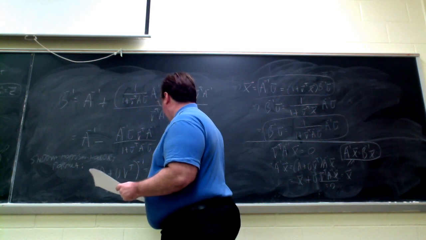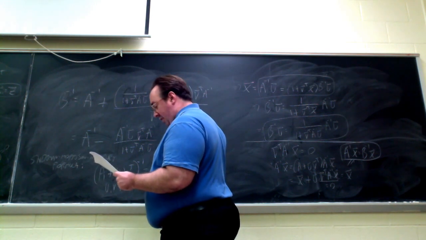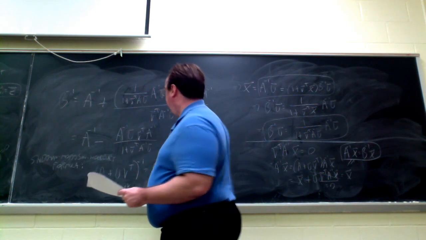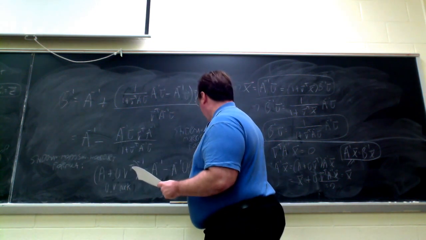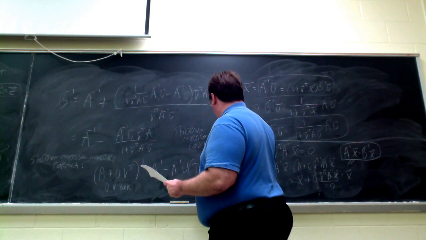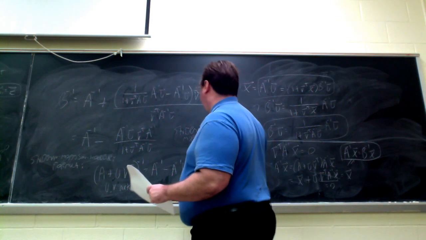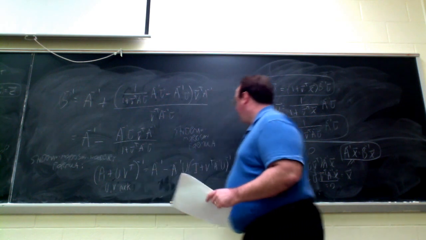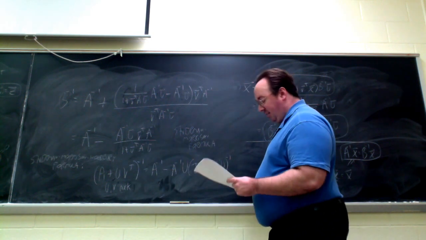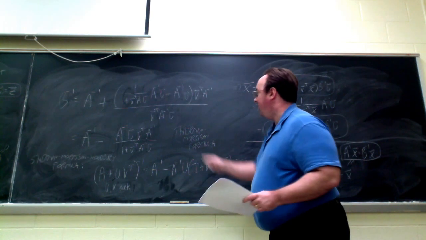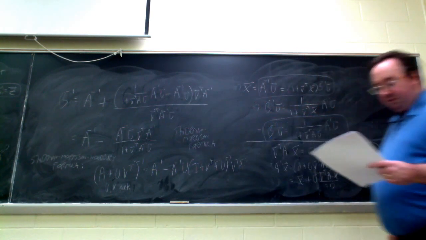Then we have a similar formula: A inverse minus A inverse U, which is what we have here, and then the inverse of identity plus V transpose A inverse U. That corresponds to the 1 over this number down here, but now this is a K by K matrix. And then I have V transpose A inverse. So you can see how the individual pieces correspond to this formula here.